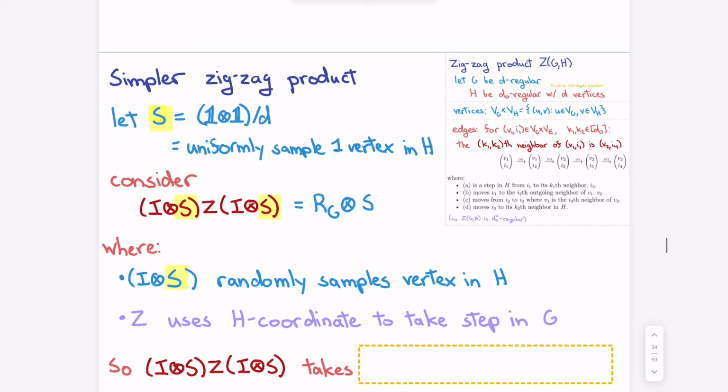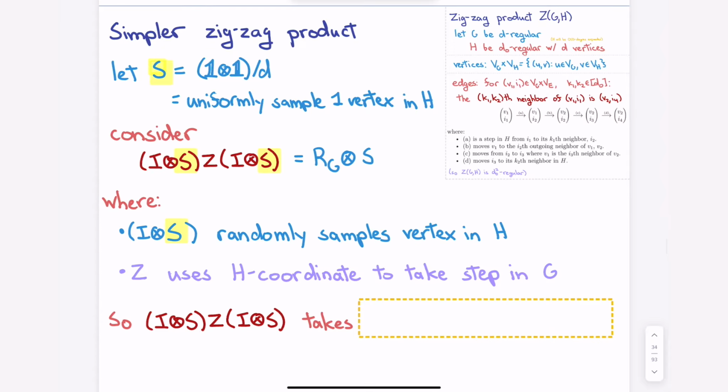Okay, that's fine. So imagine I replaced this, it used to be RH here, right? Before you took a random step in H, you did a zigzag product, and then you took a random step in H. Here, suppose I took a completely random vertex in H, did a zigzag product.